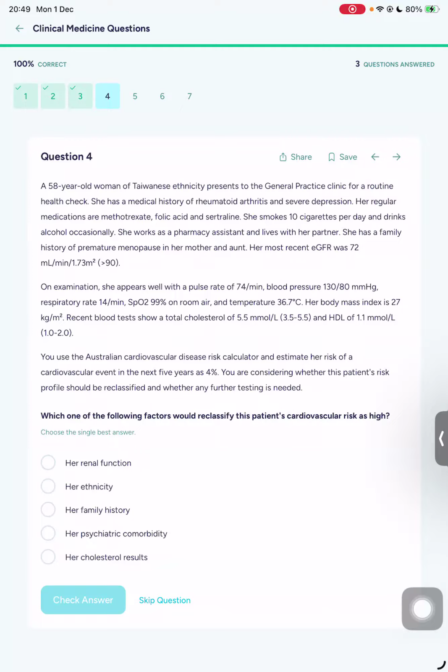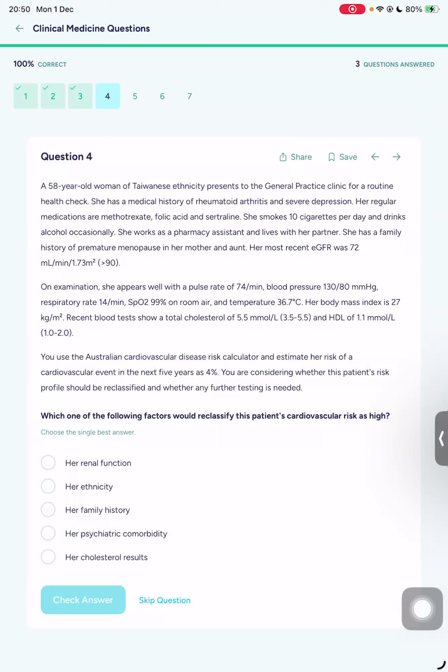She smokes 10 cigarettes per day and drinks alcohol occasionally. She works as a pharmacy assistant and lives with her partner. She has a family history of premature menopause in her mother and aunt. Her most recent eGFR was 72.